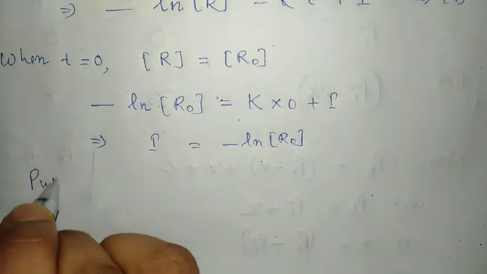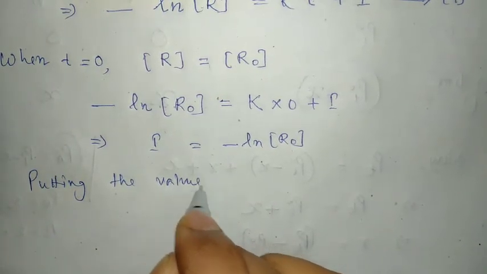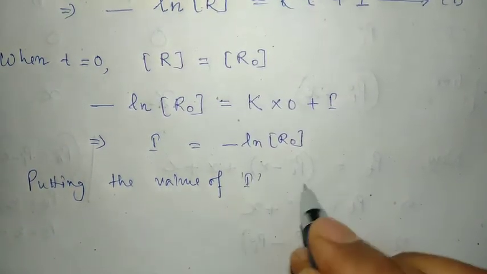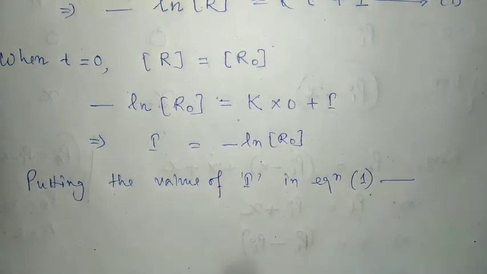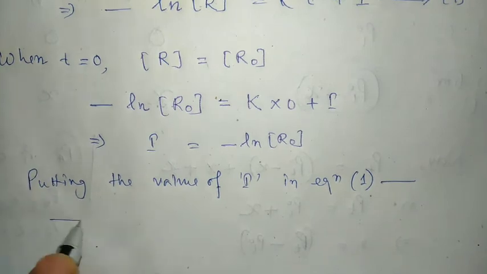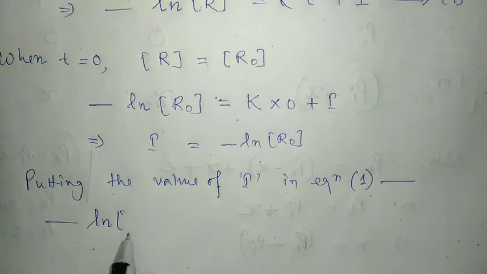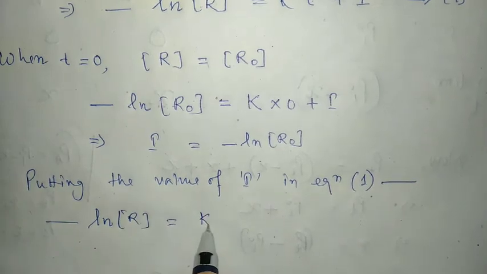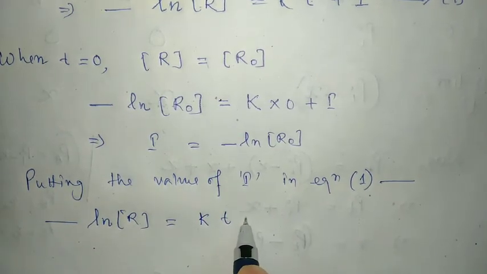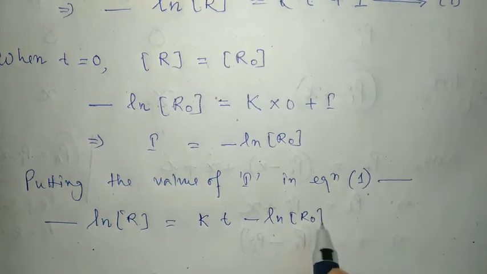Now putting the value of I in equation 1, we get minus ln R equal to kt, or in place of I we can put minus ln R0.